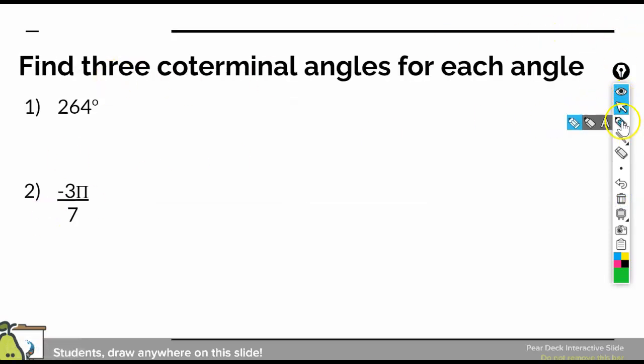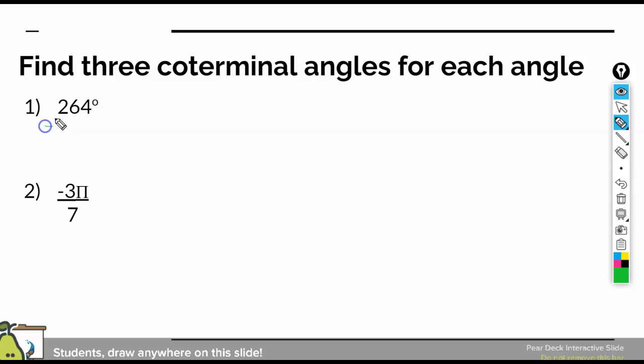So again, as an example, if I want to find 3 coterminal angles for each angle, I can just add 360 three times. I could add 360, subtract 360, and then maybe subtract 360 again. You just have to keep adding and subtracting 360 until you get 3 coterminal angles for each angle.